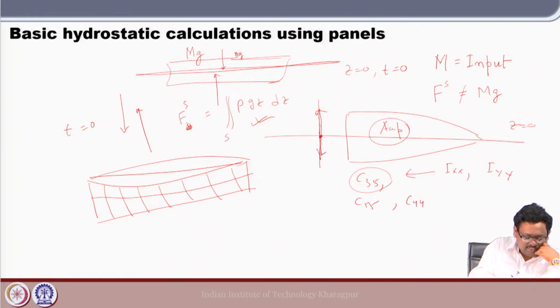Now when you calculate the weighted area, normally we do it from the hydrostatic table or the offset table, suppose it is given to you. So normally what you people do is as follows.